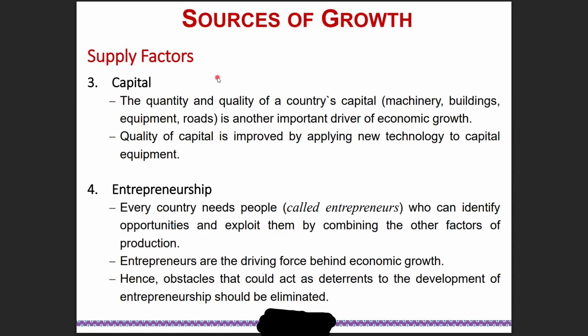For instance, you can have a machine that can produce maybe 100 units of whatever you're producing per day, right? But with an improvement of technology, you can get a machine that can produce that same quantity, but now per hour, right? So capital goods are very important to stimulate production as well. But not just any capital goods, we need quality capital goods, right?